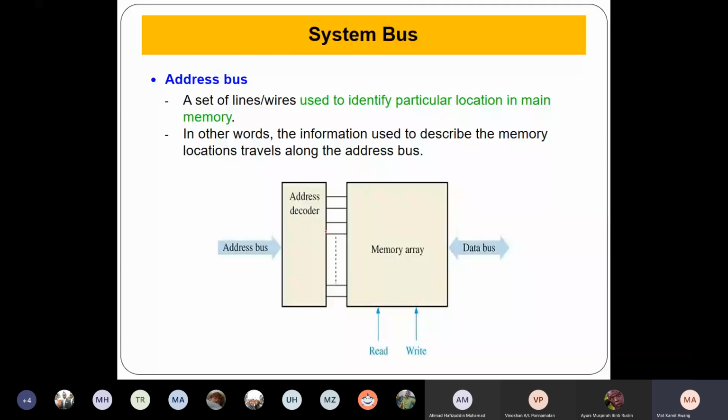So it's row 5. So 0, 1, 2, 3, 4, and 5. So you have row 5. That is how the addressing is done. And this address bus is a one-way street. It's not two-way. It's only going in to the address decoder. So that is the address bus.